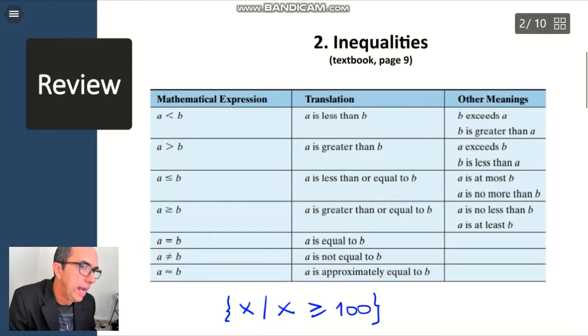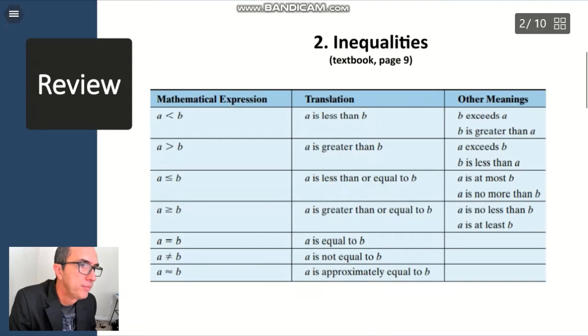So x is equivalent to all the real numbers which are greater or equal than 100. So you're defining with set builder notation the set of numbers corresponding to the variable that you specify here. In this case, we are working with x.